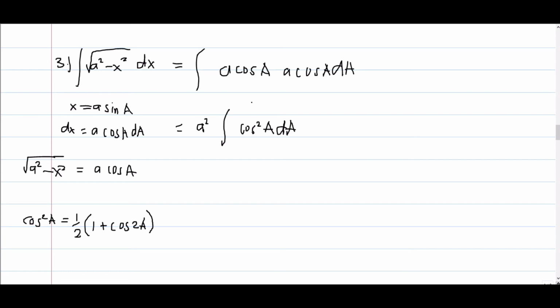So in this case, we can now integrate cosine squared θ dθ. a squared, the quantity of 1/2, then 1 plus cosine 2θ, then dθ.